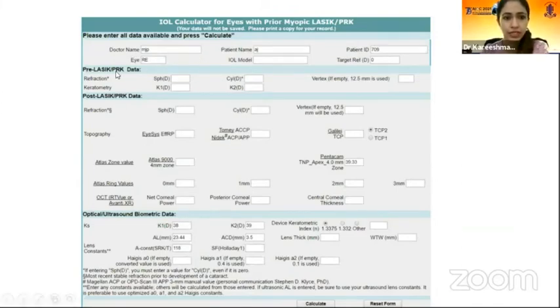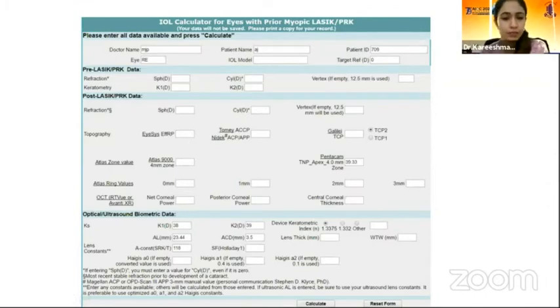Initially, there's the patient data, and there is pre-LASIK data. If you don't have it, you can just leave it blank. Then there is post-LASIK data, where you enter your refraction and your topography. Here comes the importance of the topography. It does not matter which topography machine you have access to.